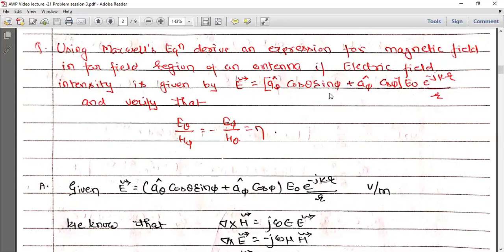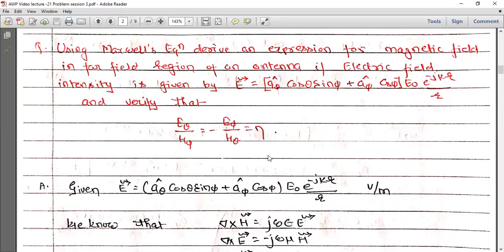First, find the magnetic field intensity due to this electric field. Then verify that the ratio of the theta component of electric field to the phi component of magnetic field is equal to minus the ratio of the phi component of electric field to the theta component of magnetic field, and both are equal to a constant called eta. Eta is the intrinsic impedance of the medium.